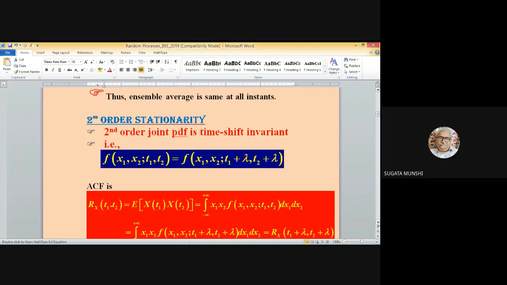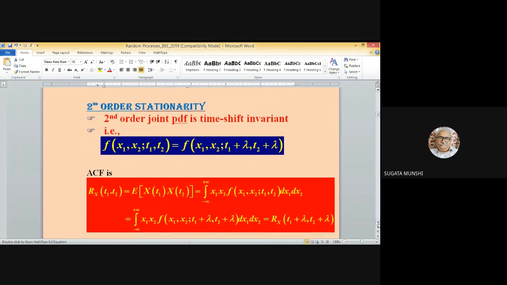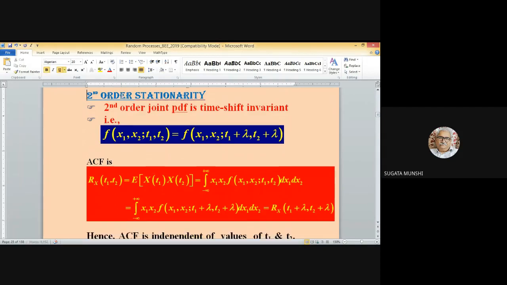What does that represent actually? The autocorrelation function is independent of values of t1 and t2, but depends only on the value of lambda.